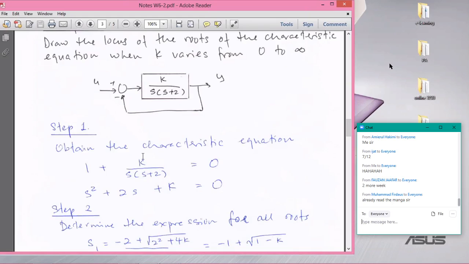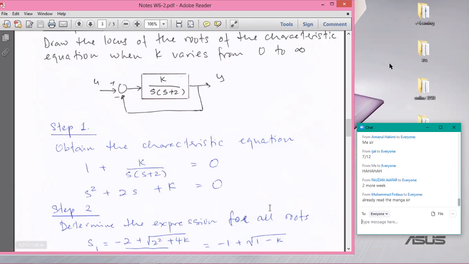So the open loop transfer function is k divided by s plus 2, since the feedback gain is 1, H is equal to 1. So this is the characteristic equation, and then we can expand that in terms of polynomial. It so happens that this is just a quadratic equation.